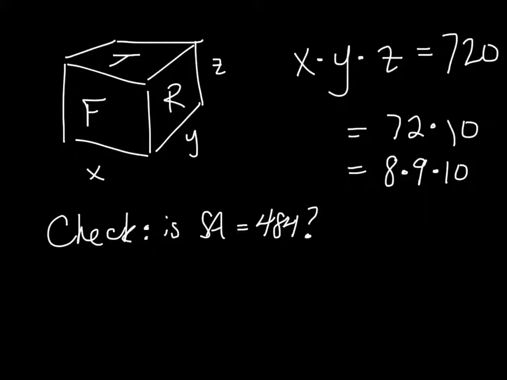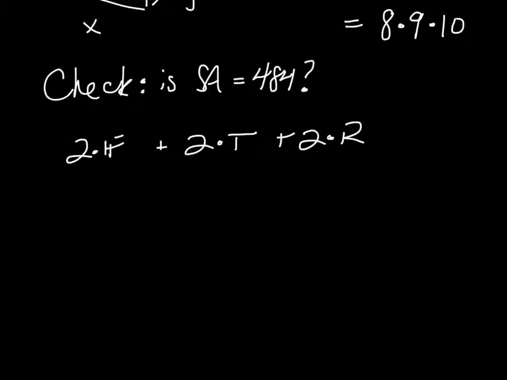So you want 2 times the front plus 2 times the top plus 2 times the right, and plug in the numbers. You can pause the video if you want. If you plug it in, it does in fact work out to 484.